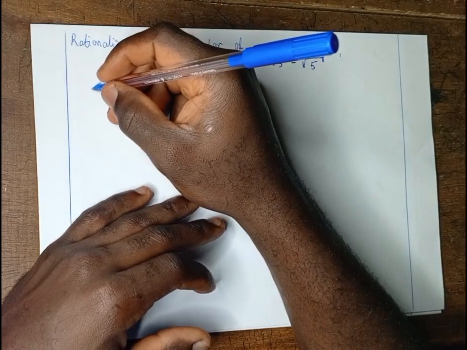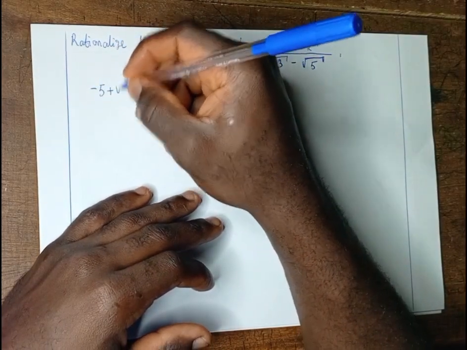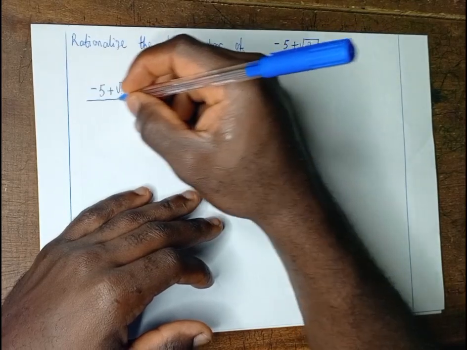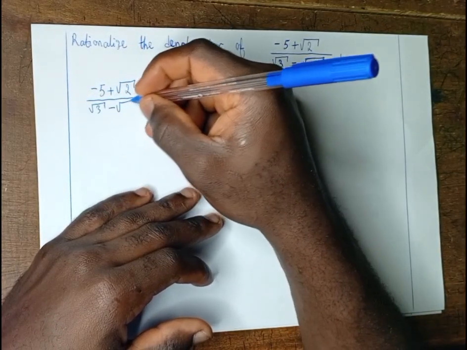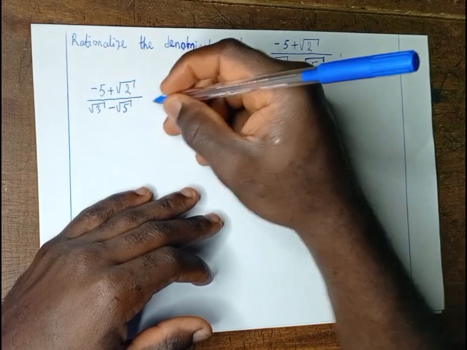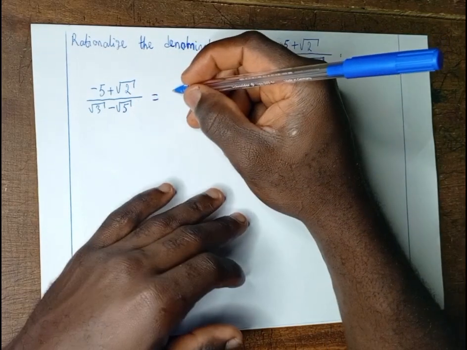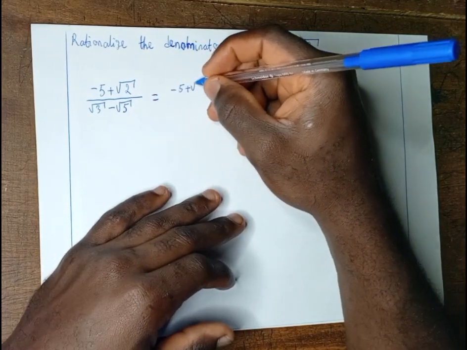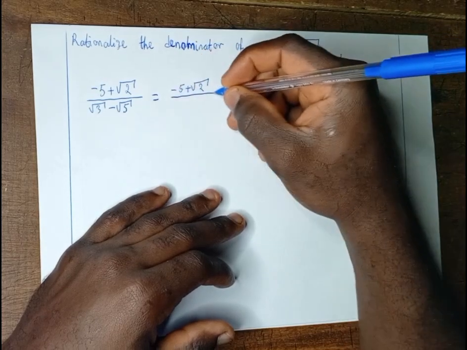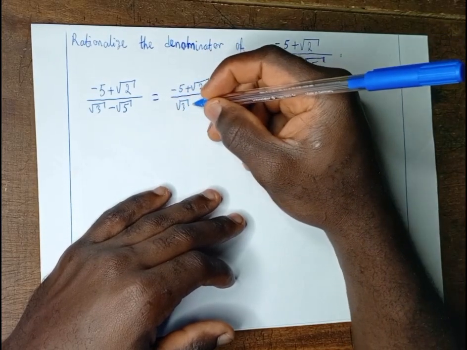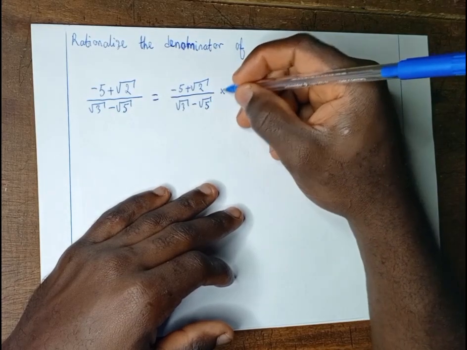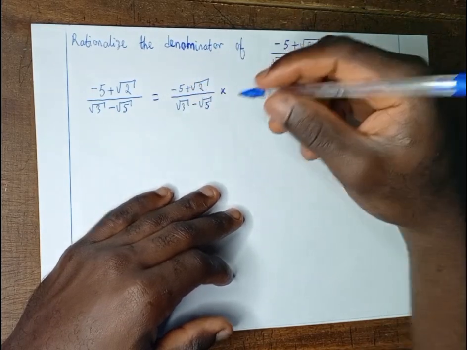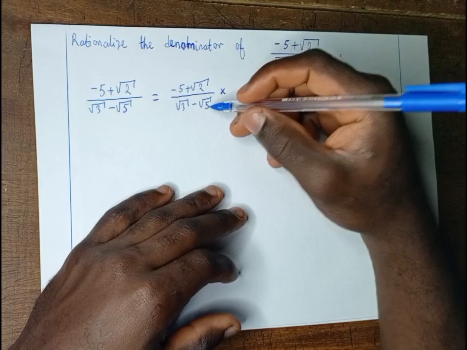If you take the fraction, we have (-5 + √2) / (√3 - √5). We are going to multiply both the numerator and the denominator of this fraction by the conjugate of the denominator.